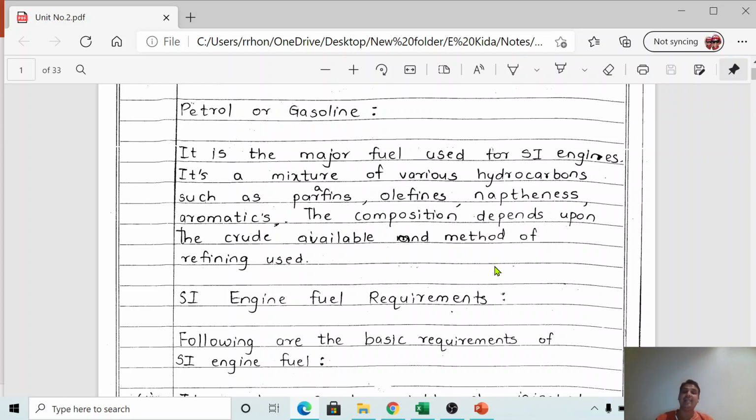Because it has a few specific properties, and those properties are very much required in the case of a petrol engine or spark ignition engine.